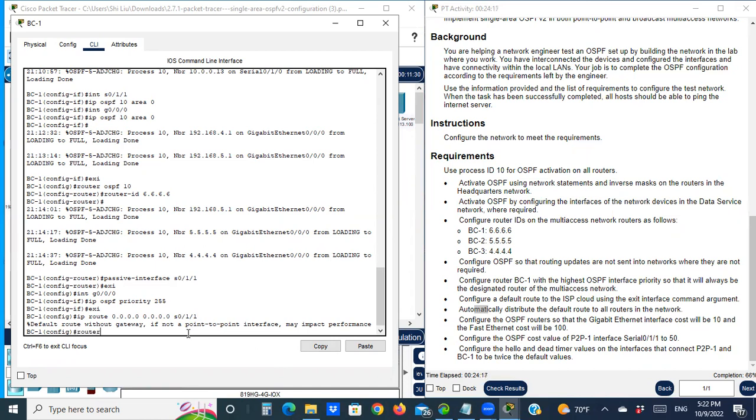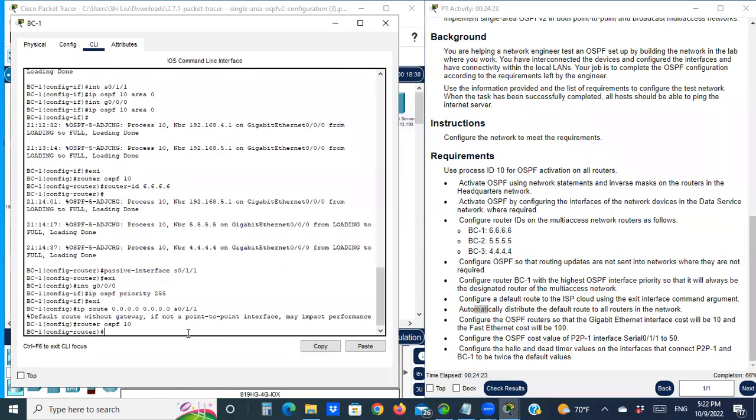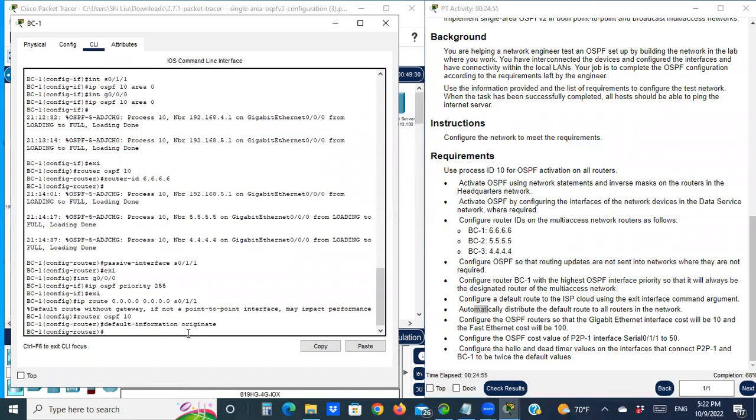So router OSPF 10, default-information originate. Okay.